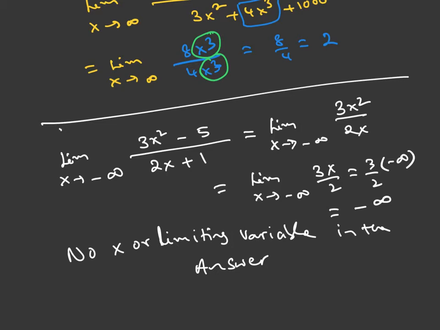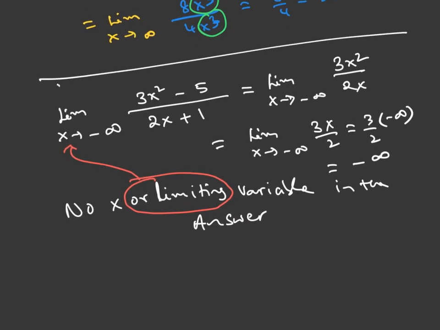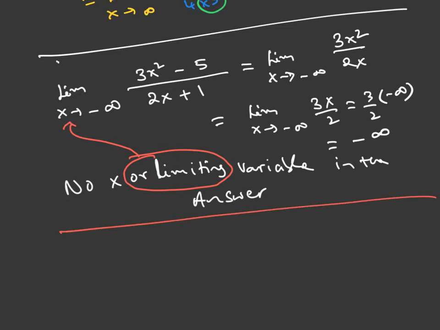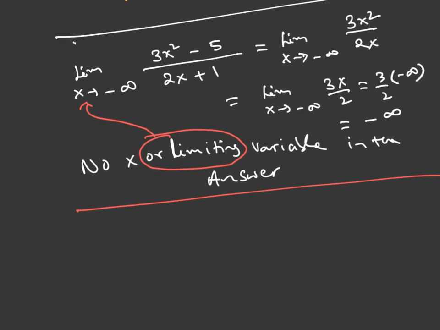You can never have x or limiting variable. Limiting variable means if x is approaching negative infinity, that's a limiting variable. If a is approaching some value, a would be the limiting variable. So you cannot have limiting variable in the answer. So you can't have x in the answer.